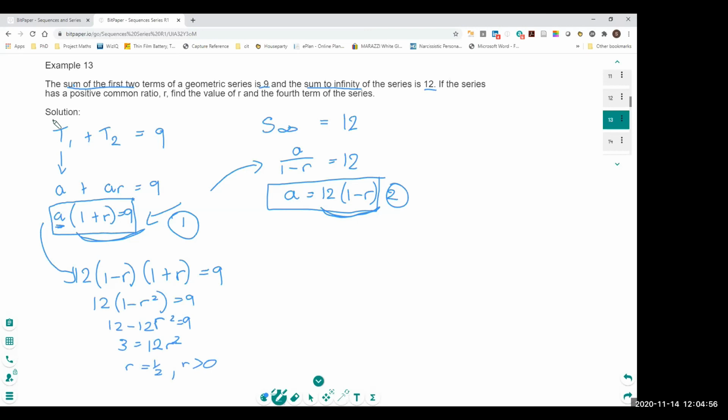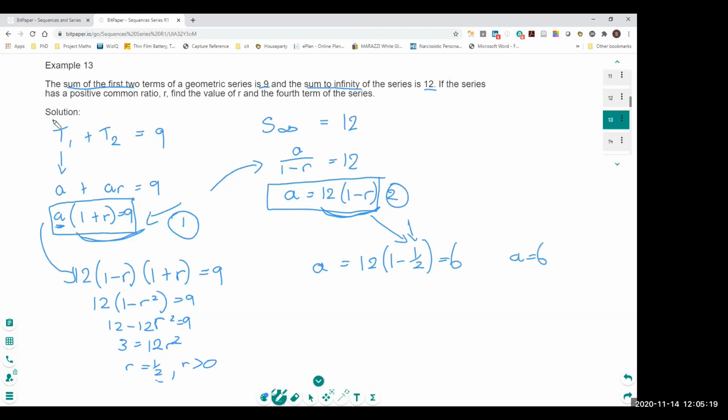Then we have a is equal to 12 times (1 minus a half), which is equal to 6. Because we now have a value for r, we can slot it in here, and that gives us a is equal to 6.